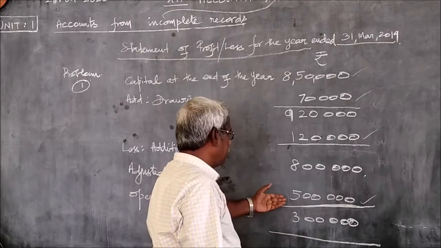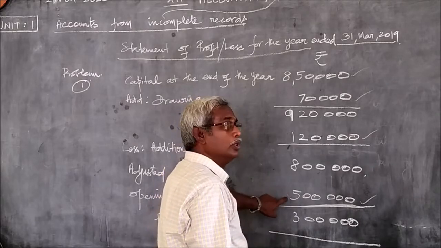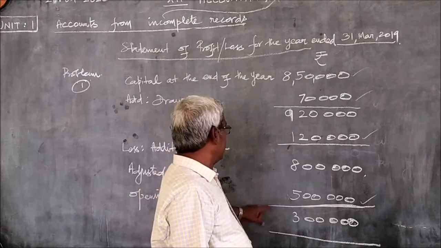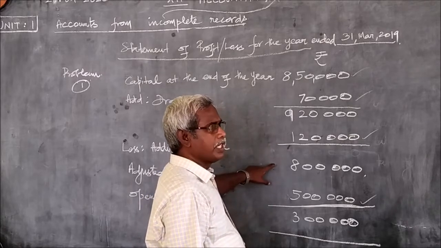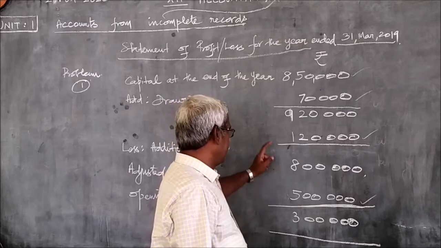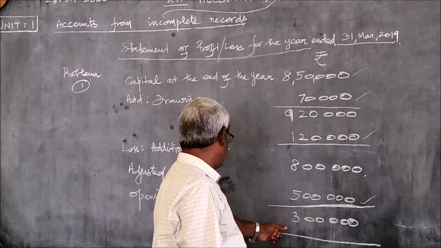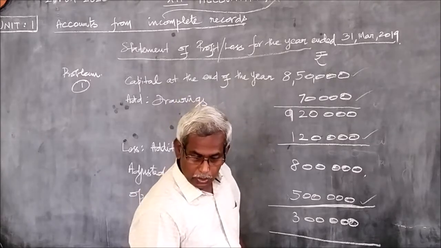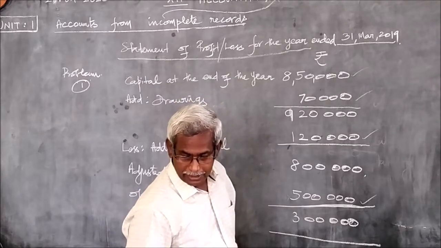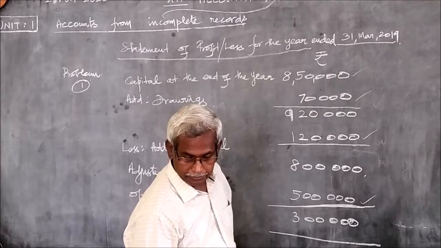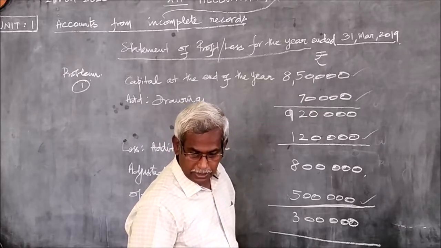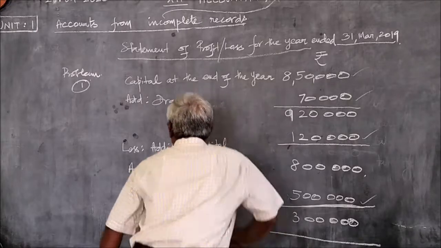Top to bottom is profit, bottom to top it is loss. In this problem, the top number is higher, therefore we can minus and find the profit. And to find the answer for the other problem, we shall pass on to problem number 2.